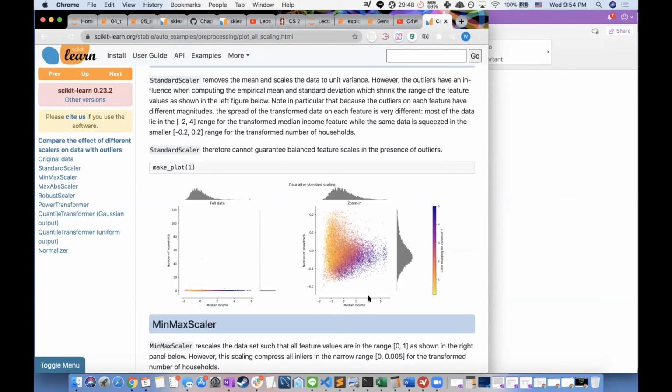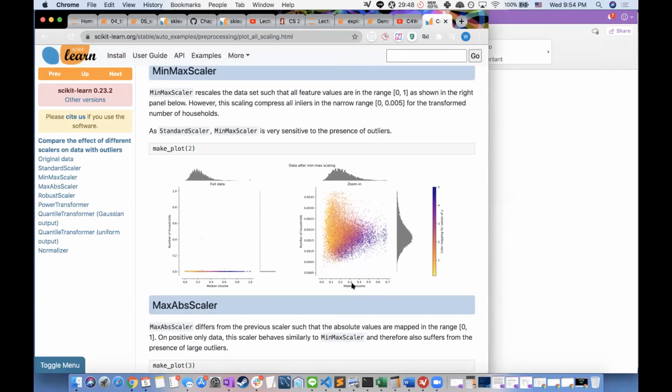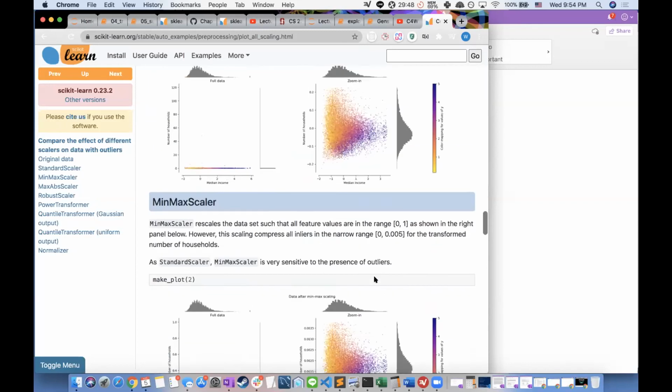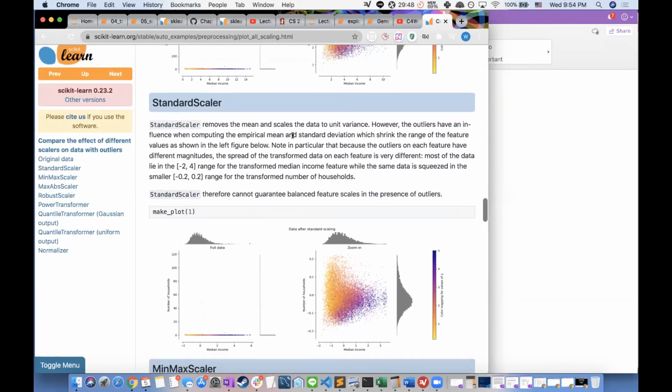And MinMaxScaler would look a lot smaller in terms of the range. And you can see the description too. StandardScaler removes the mean and scales the data to unit variance, which I think is just standard deviation 1.